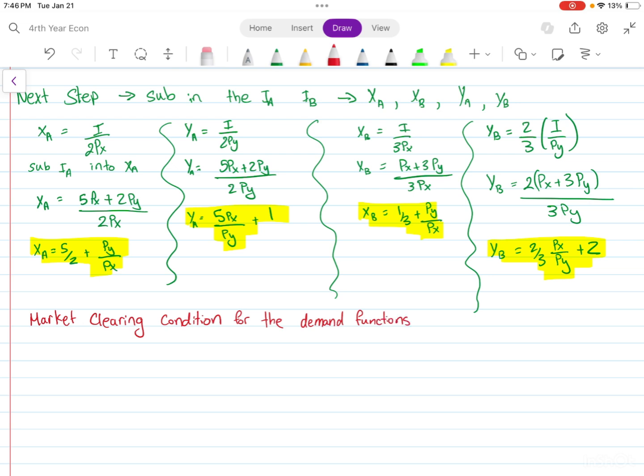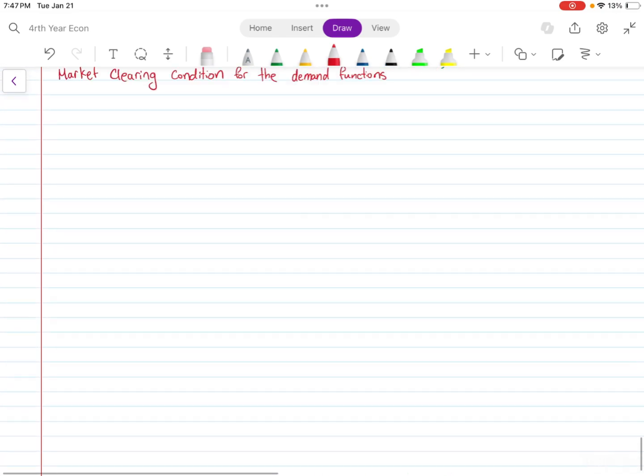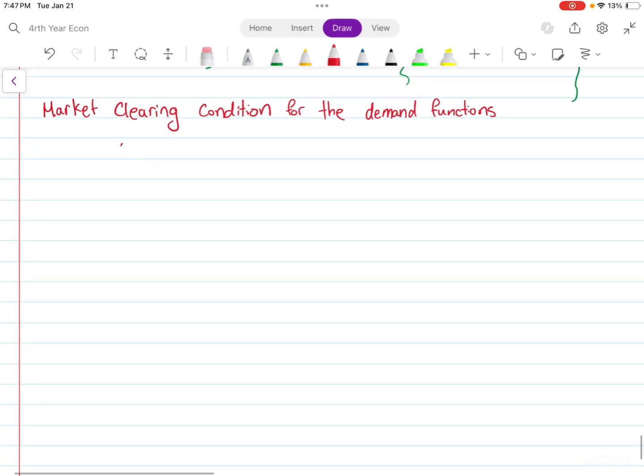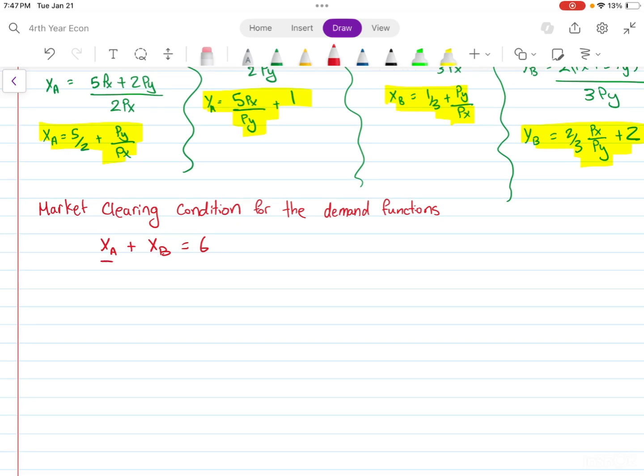So we know from their endowment that the total number of goods available for good X is 6 units, since it's 5 units for Alex plus 1 unit for Billy. So we're going to use that market condition because we know we can't consume more than 6 of good X in the economy. So good X for Alex plus good X for Billy will always equal 6, the maximum number of units of good X in the economy. And we already know what the demand functions for good X for Billy and Alex are, because we figured them out right here.